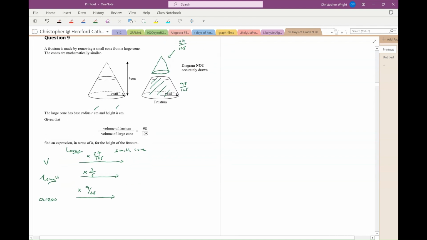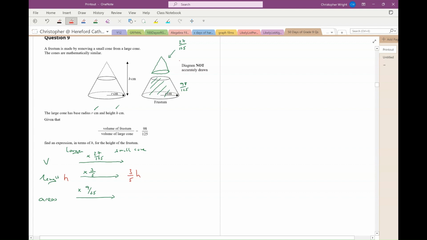Find an expression in terms of h for the height of the frustum. Well, I can find an expression in terms of h for the height of the small cone. The height of the large cone is h, so the height of the small cone is 3/5 of h.